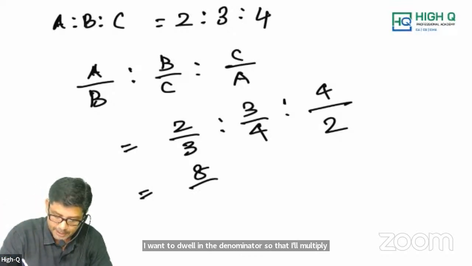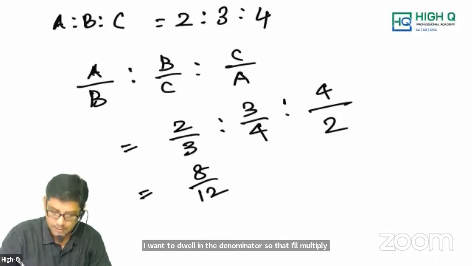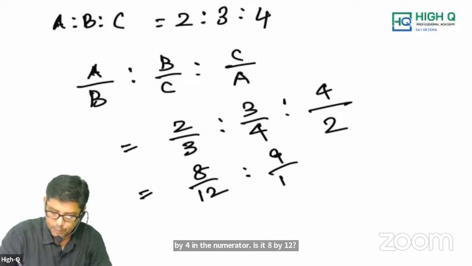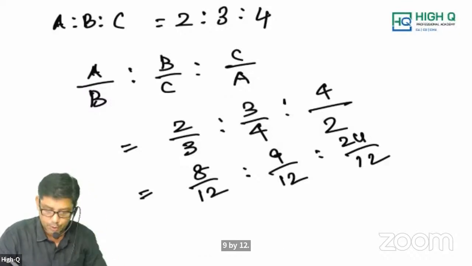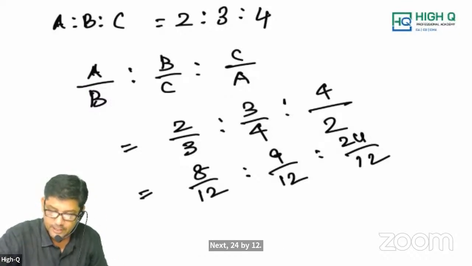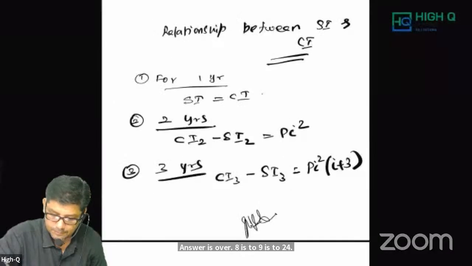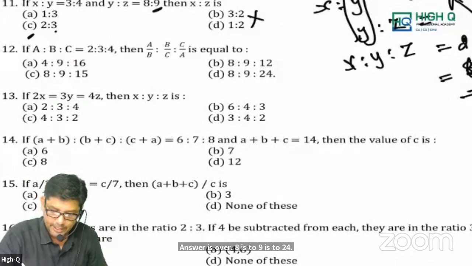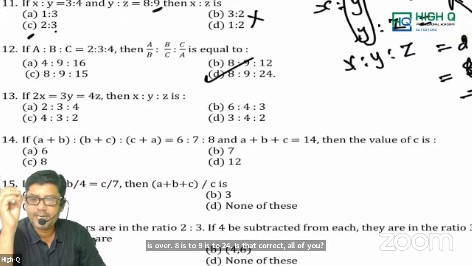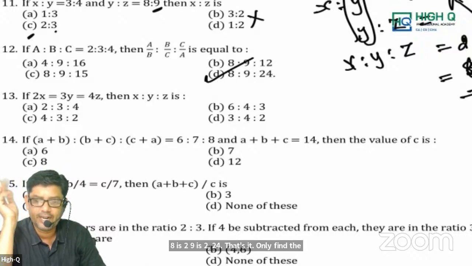Is it 8 by 12? Say yes or no. Next, 9 by 12. Next, 24 by 12. Answer is over. 8 is to 9 is to 24. Is that correct, all of you? That's it. Only find the LCM, you will get the answer.